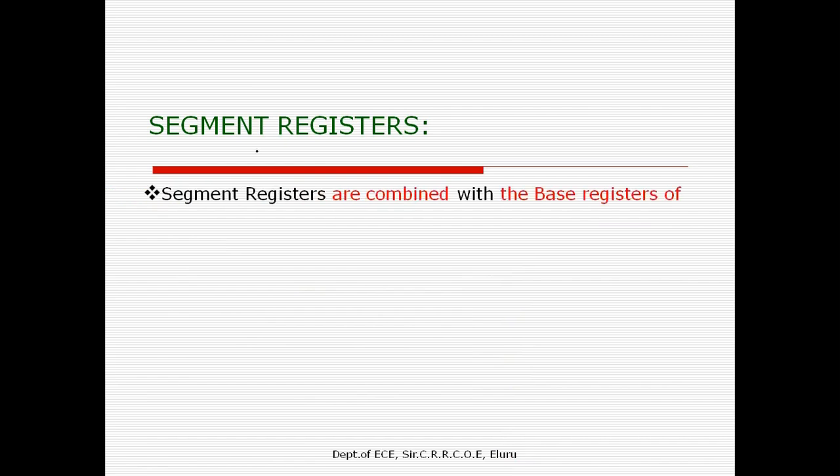And these segment registers are combined with the base register of the execution unit to allow the microprocessor to address 1 MB of the memory space.